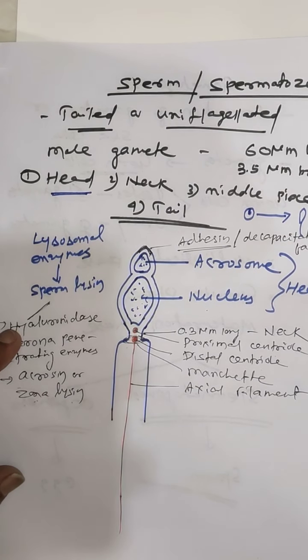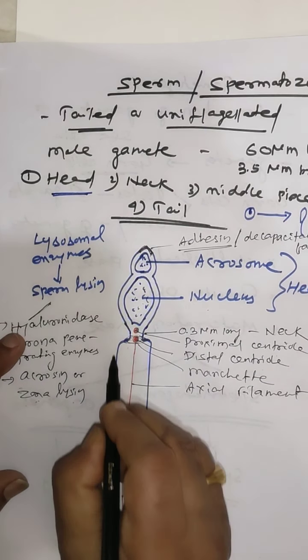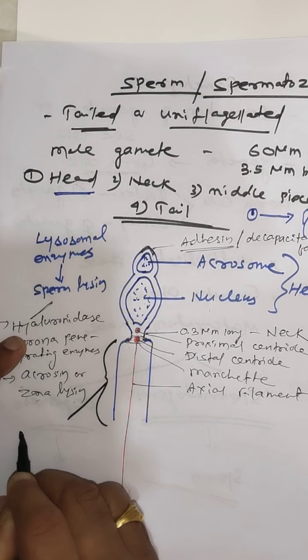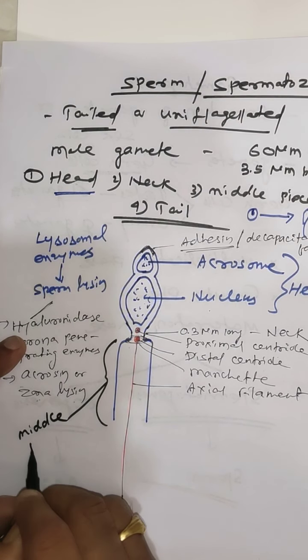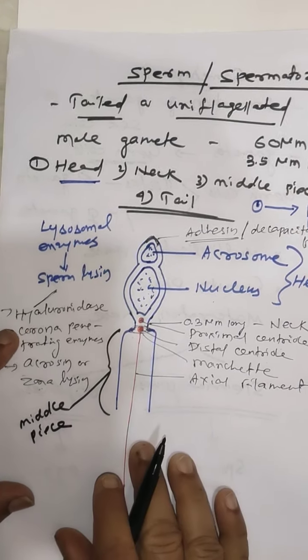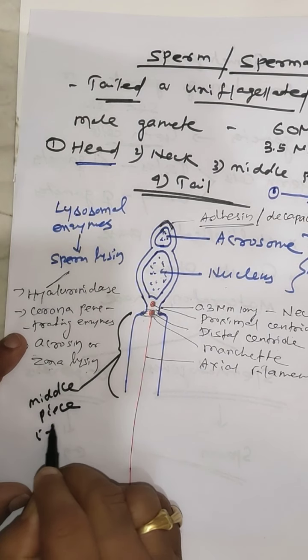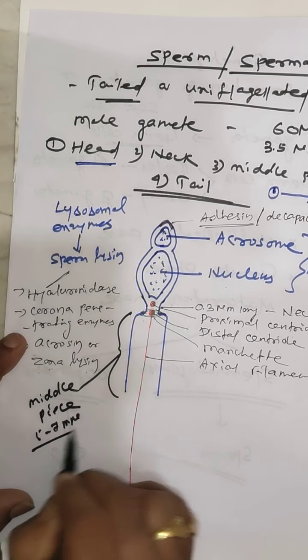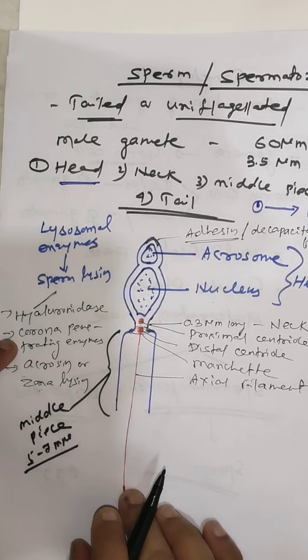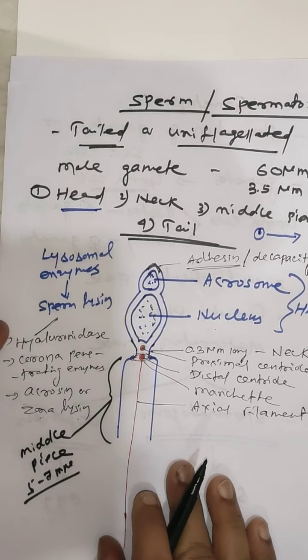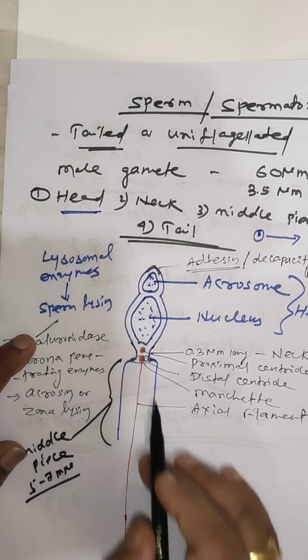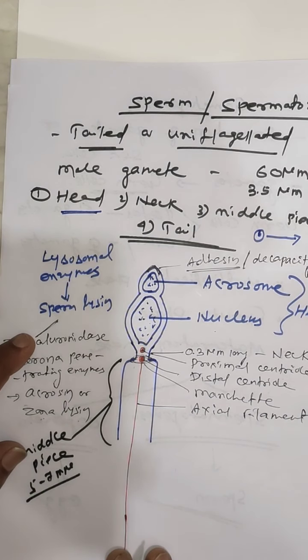The next part is the middle piece. Generally, it is 5 to 7 millimicron long. It is the cylindrical part of the sperm which lies between the neck and tail.